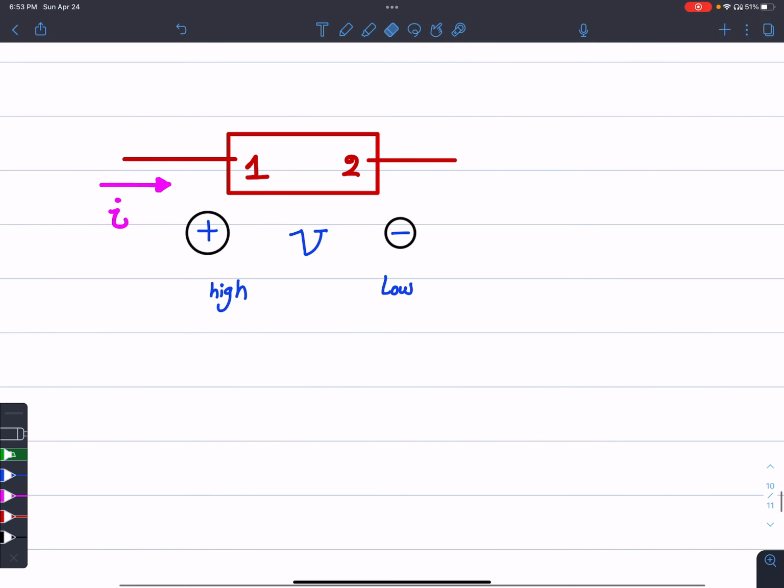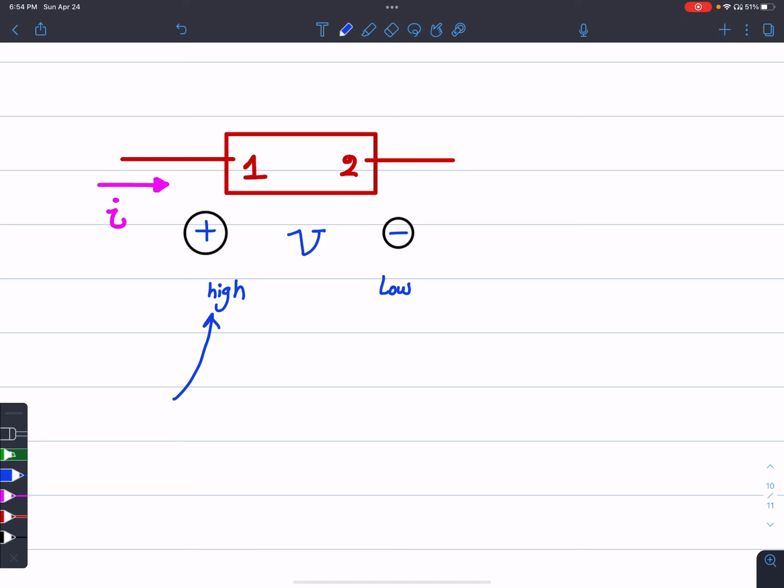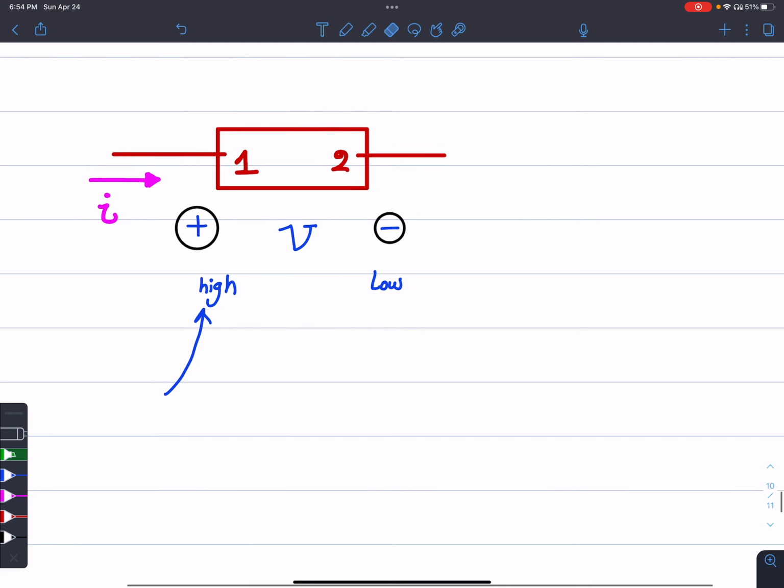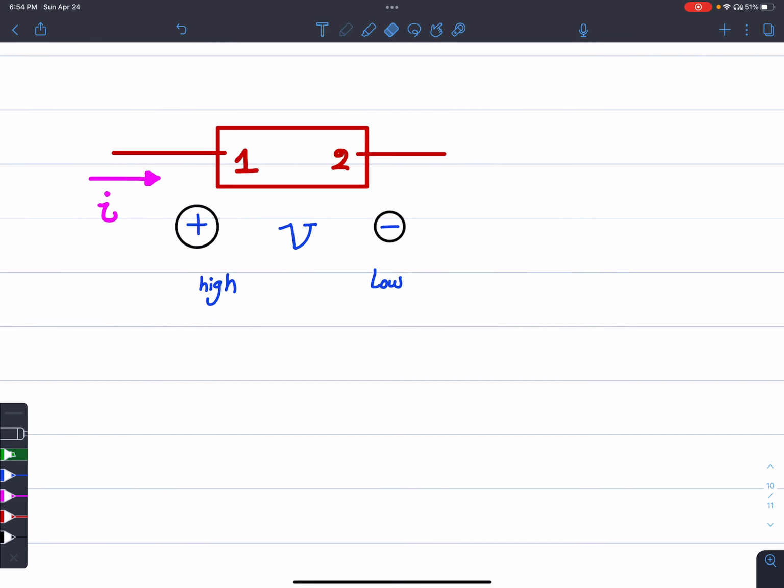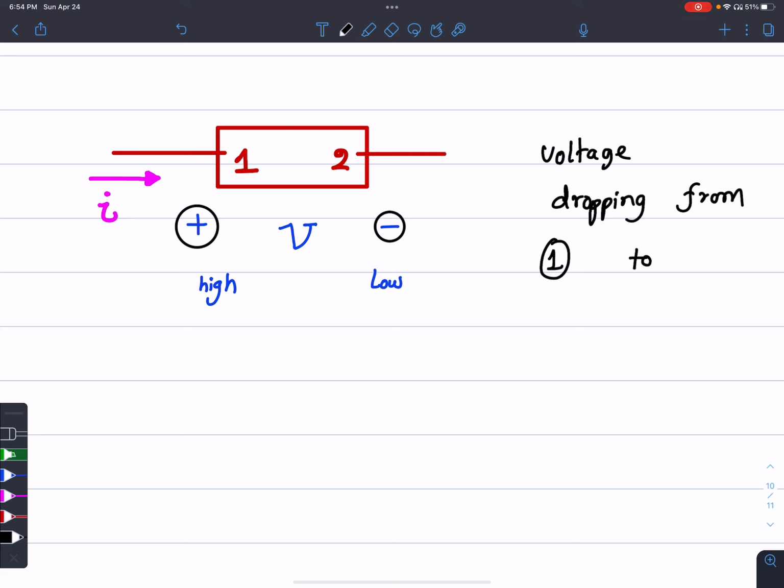Here, when you go from terminal 1 to terminal 2, terminal 1 is at a higher potential and terminal 2 is shown with a negative sign, so it's at a negative potential. So what we say is voltage is dropping from terminal 1 to terminal 2.